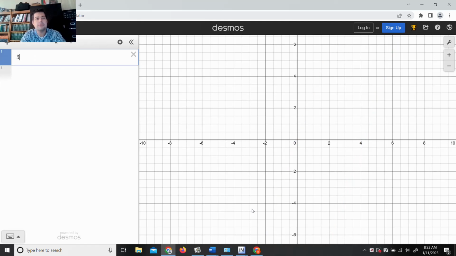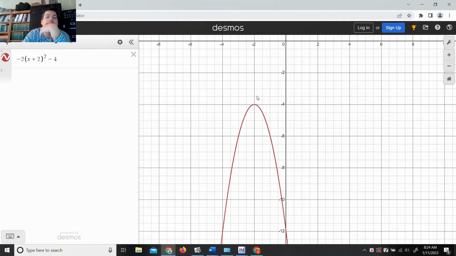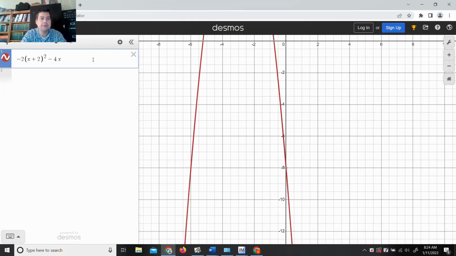The similar question was negative 2 times x plus 2 squared minus 4. Now, I hadn't taught you this yet, but by the time you take the test, you will know this. This is not one-to-one because it fails the horizontal line test. So the reason we have that disclaimer there off to the side, x is greater than or equal to 2.